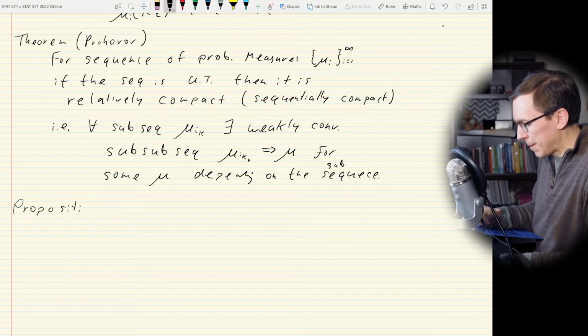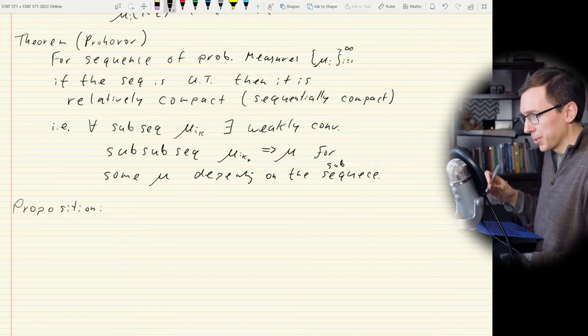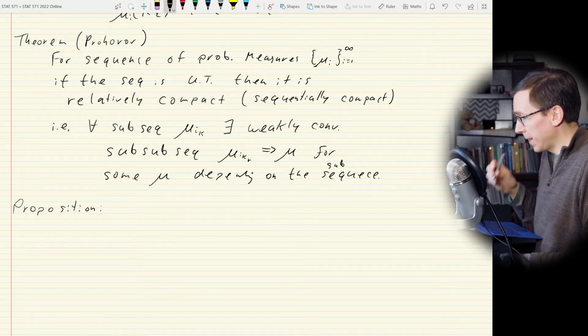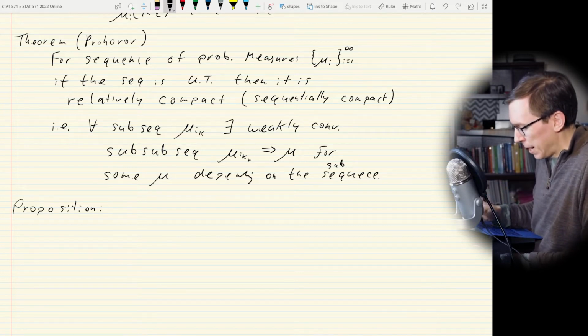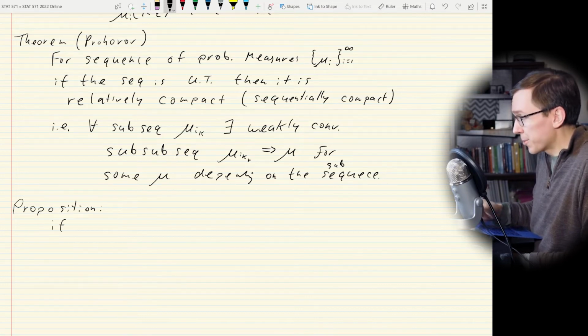Well, in this case, you care because of a very easy to prove proposition, which is going to talk about how the original sequence converges weakly. This proposition is going to be important at the end of this lecture for the central limit theorem.